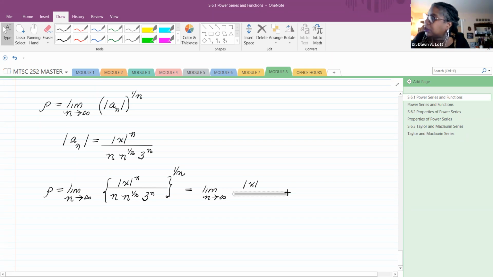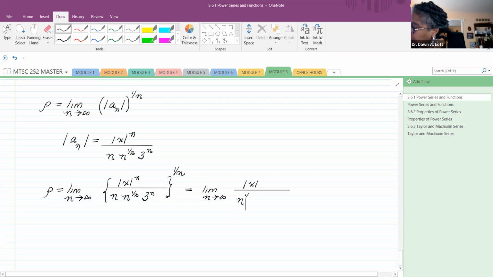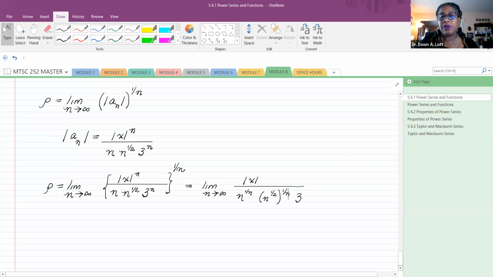The n to the 1 over n goes away, guys. Then I have n to the 1 over n. Then I have n to the 1/2 to the 1 over n, and then I get 3 to the n to the 1 over n, which just gives me 3. So that's it. And I still have to take a limit.